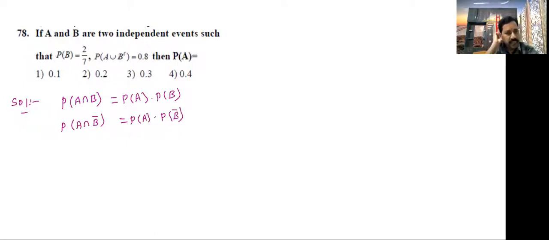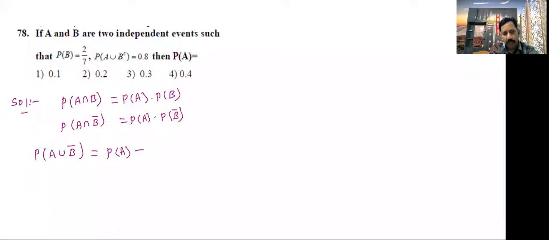Just now only we have discussed the concept. A and B are independent events means A and B complement, A complement and B, A complement and B complement are independent only. Now students tell me the P of A union B complement formula.